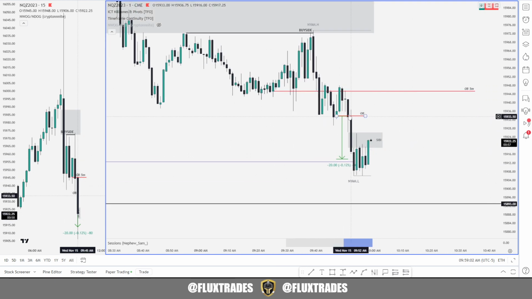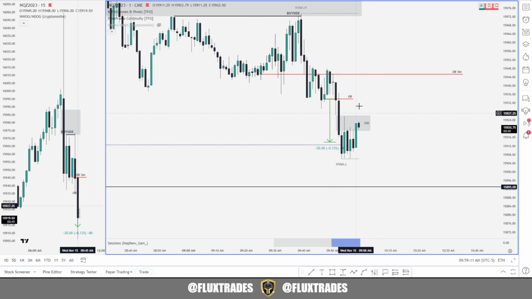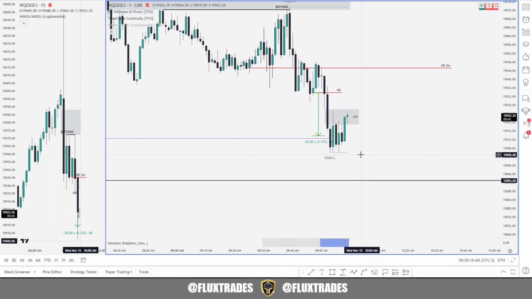Or maybe this is your second stage, since we close below, first stage, second stage here. It's hard to tell. I'm not expecting a reversal. We don't have that V shape. You would either need another sweep of the lows down here, or a quick V shape.